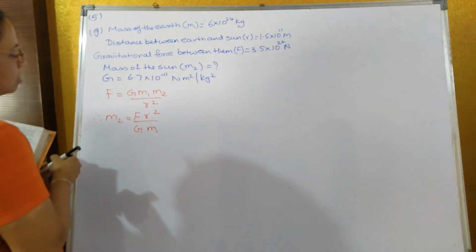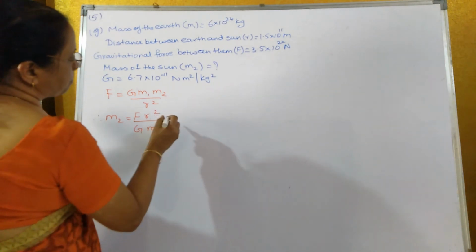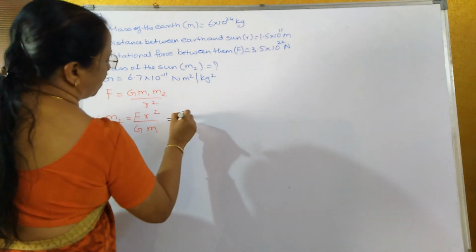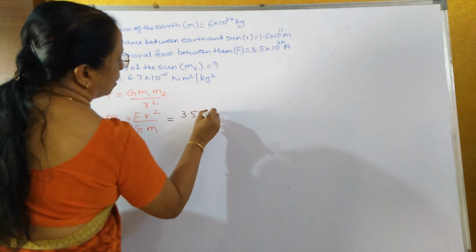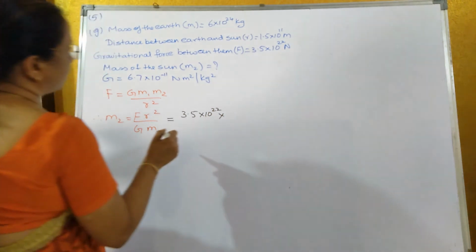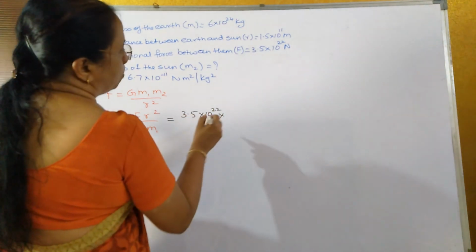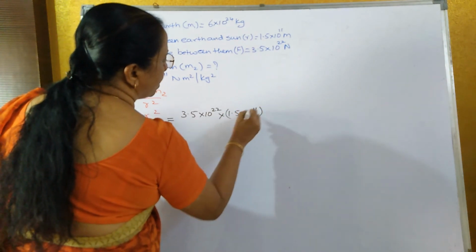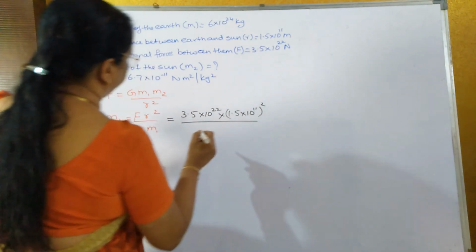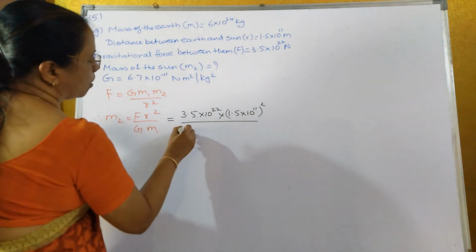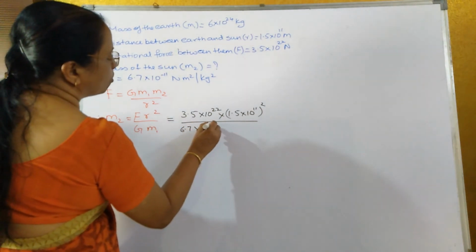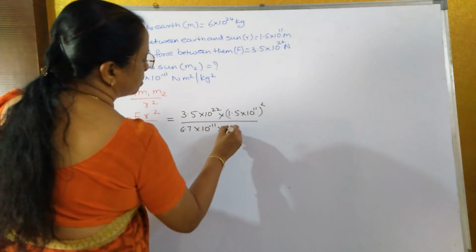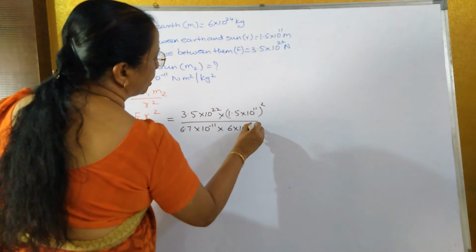Force is 3.5 into 10 to the power of 22 into r, which is 1.5 into 10 to the power of 11, the whole square, upon G, which is 6.7 into 10 to the power of minus 11, into m1, which is 6 into 10 to the power of 24.